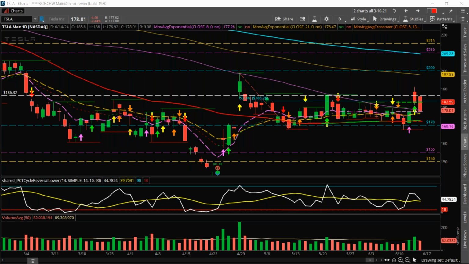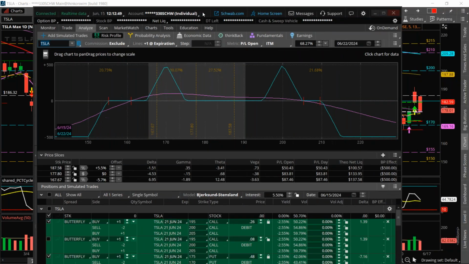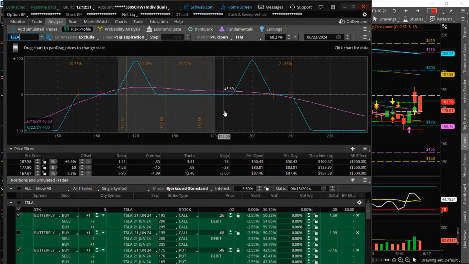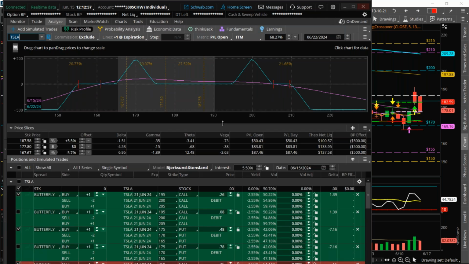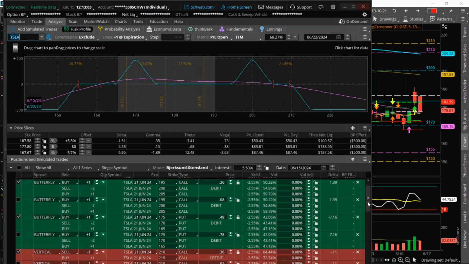So here's the trade. We set this up in the room a couple weeks back, and it's actually up a little bit of money right now. What we did was this what's called a Batman butterfly. We were looking for a butterfly for a potential pin at 200 or a pin at 170.